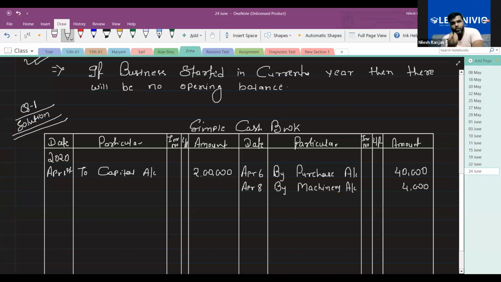If you have purchased a new machine, until it is ready to use, all the expenses related to making it ready are added to the cost of the machine. So that's why by machinery, April 8.